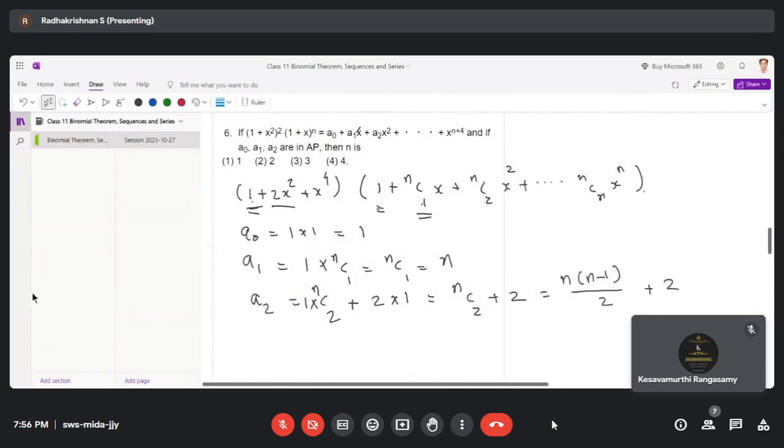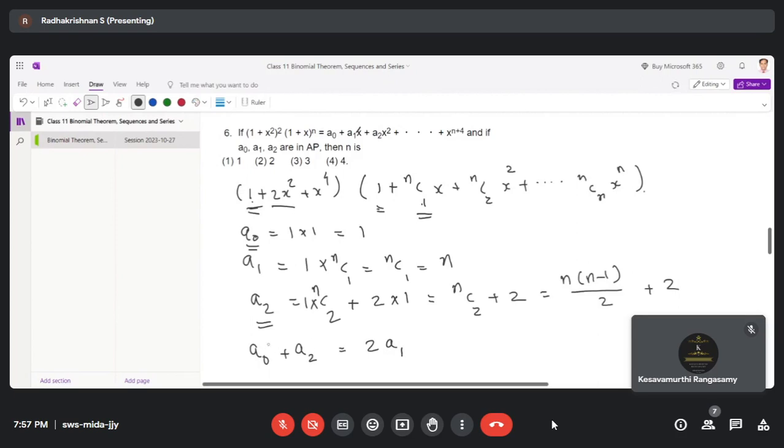So what can we say about the relation between a0, a1 and a2 if they are in AP? Sum of the first term and the third term will be equal to twice the middle term. Only then can it be an arithmetic series.